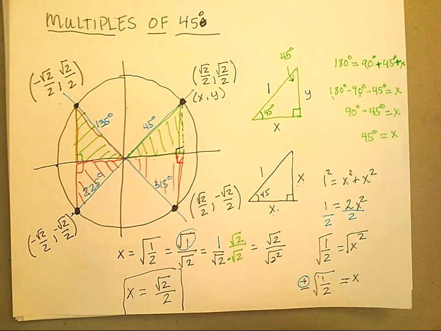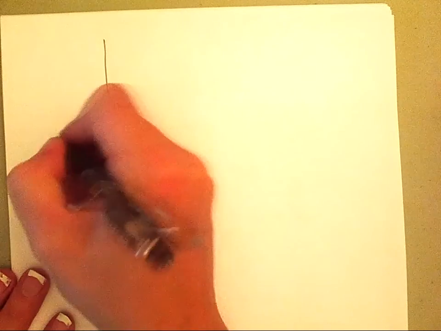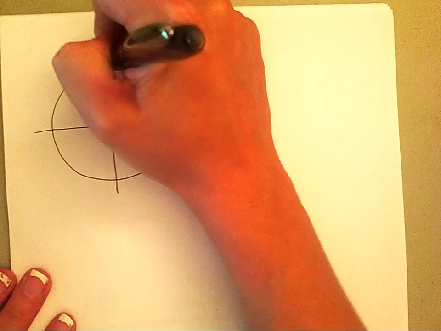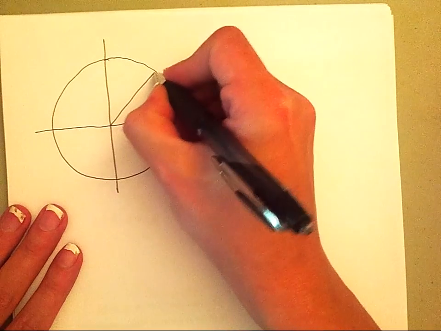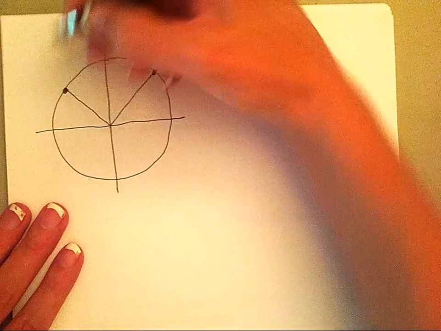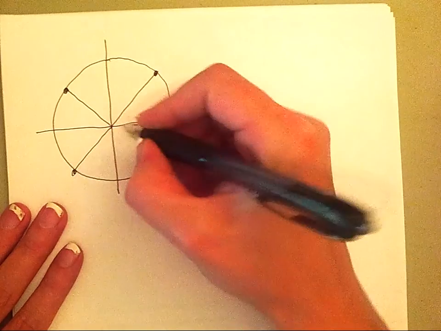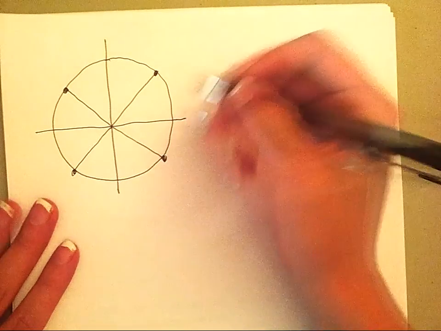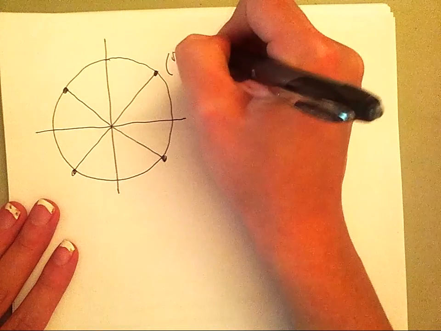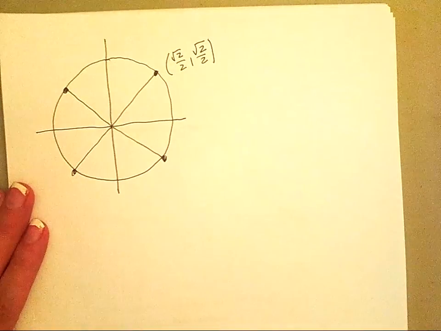So now let's try and answer some questions. Let me redraw this. The more times you redraw your unit circle, the more quickly you will be able to learn it. So this was square root of 2 over 2 and square root of 2 over 2.